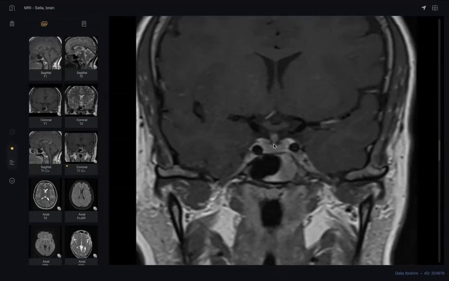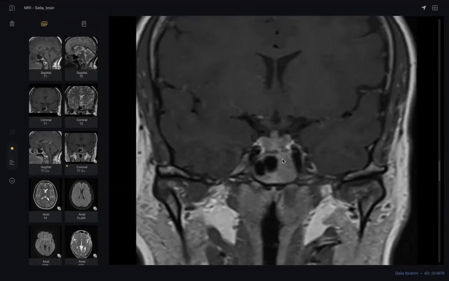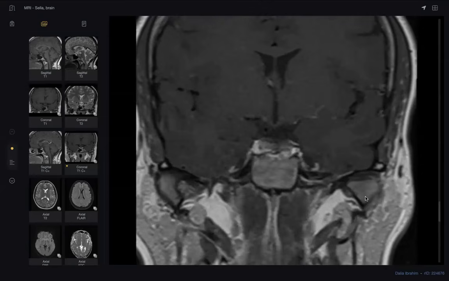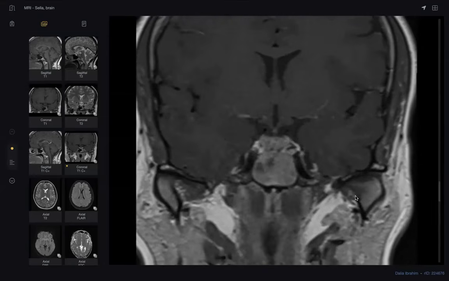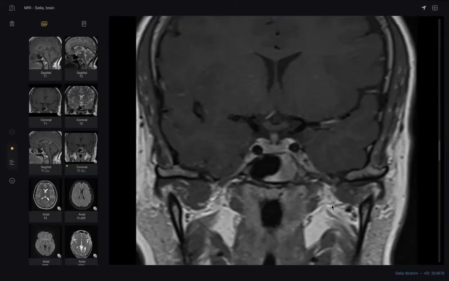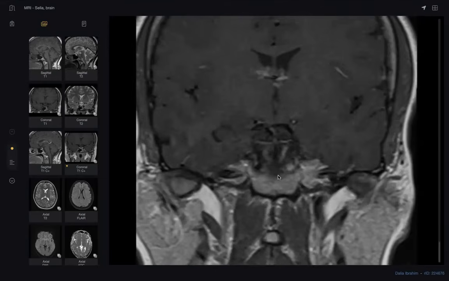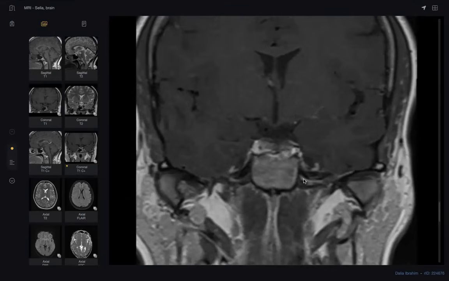However, the stalk of the pituitary gland looks a bit bulky. I was expecting to see, honestly, a hypoenhancing nodule within the gland, but I couldn't really identify it in a confident way.